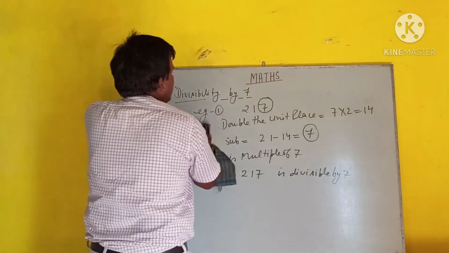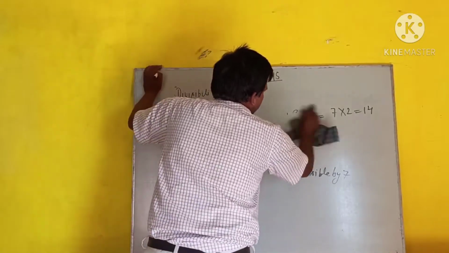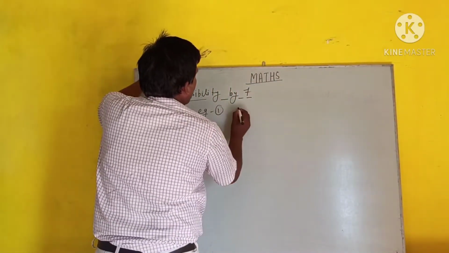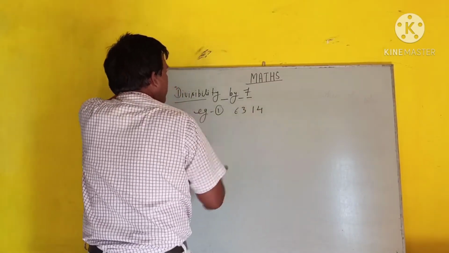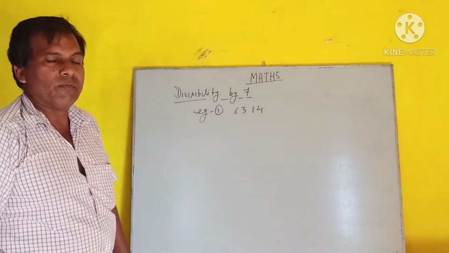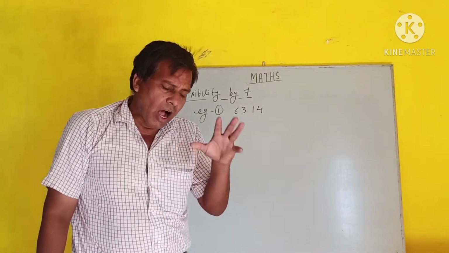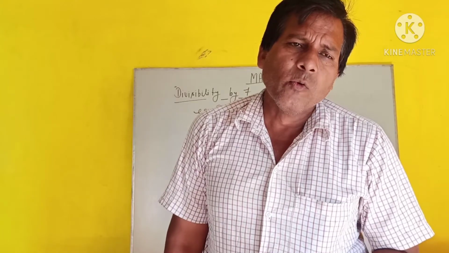I take another example. Example second. If there is written 6314, how you check that number is divisible by 7? Repeat this method. Double the unit place.